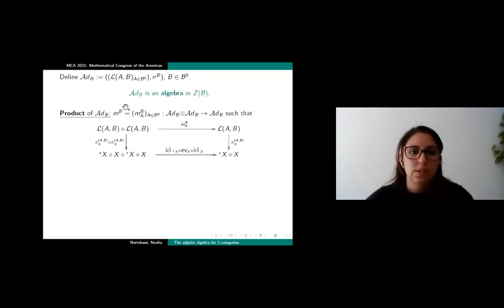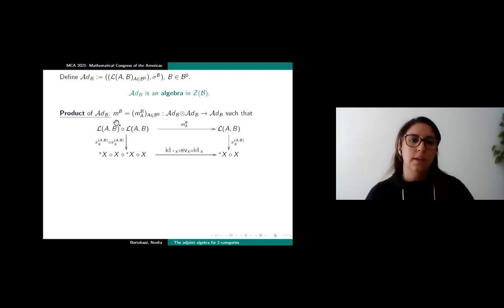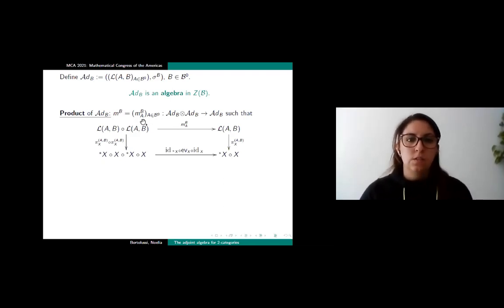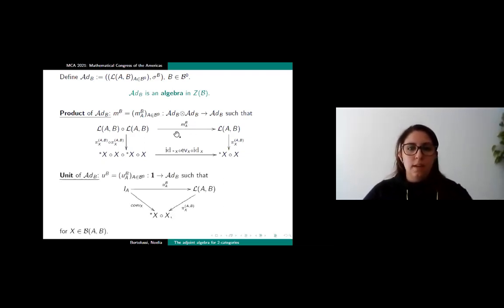The product is defined as the unique morphism such that for any A, you should keep in mind that since ADB is a collection, the product and the unit should be a collection of maps. So they are defined as the unique morphism such that for any zero cell A, this map A to B commutes.